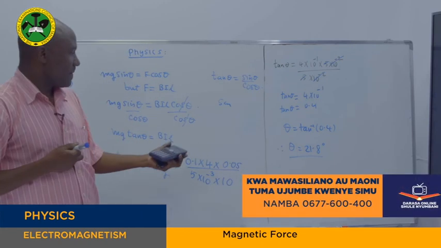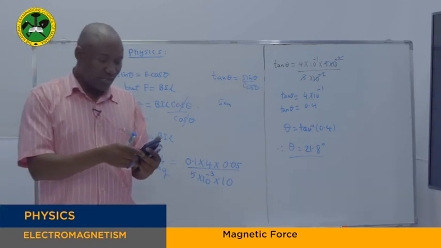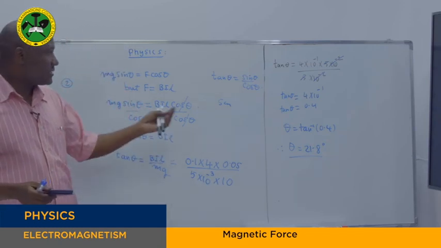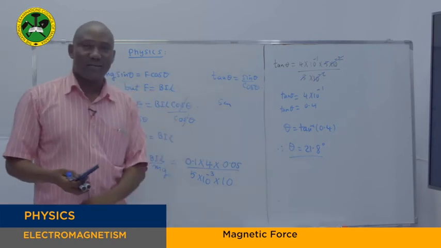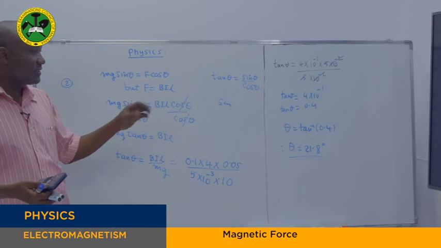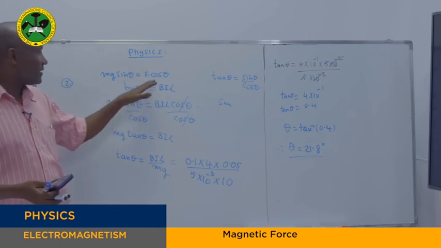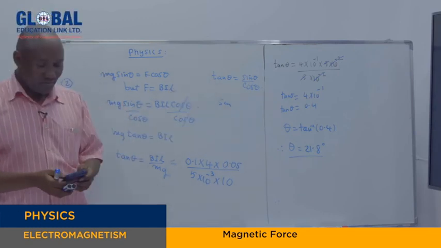Okay, that is the angle at which the bar must be raised so that the bar X remains stationary. So can you see that question? It's very interesting. It is connecting mechanics and electromagnetism. You might be given a question of that quality where you're supposed to apply different concepts, resolving the forces, so that we come up with the final answer.